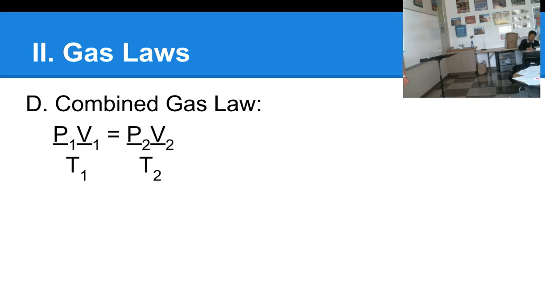Boyle's law is pressure and volume. So I've stuck pressure next to volume, divided both of them by temperature. I've combined Charles, Boyle, and Gay-Lussac, and I have now the combined gas law. This law will help you calculate changes in pressure, temperature, and volume between two states of a gas.